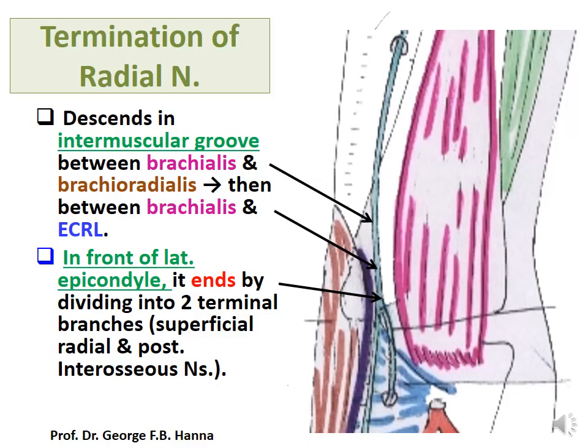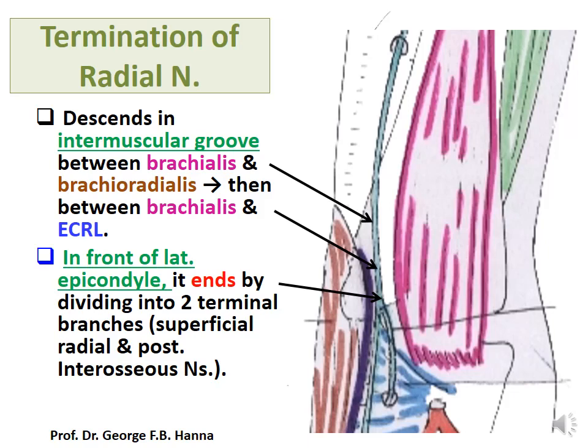Now, this is the termination of the radial nerve, and this circle above in the upper part of the diagram is where the radial nerve pierces the lateral intermuscular septum in order to become anterior.